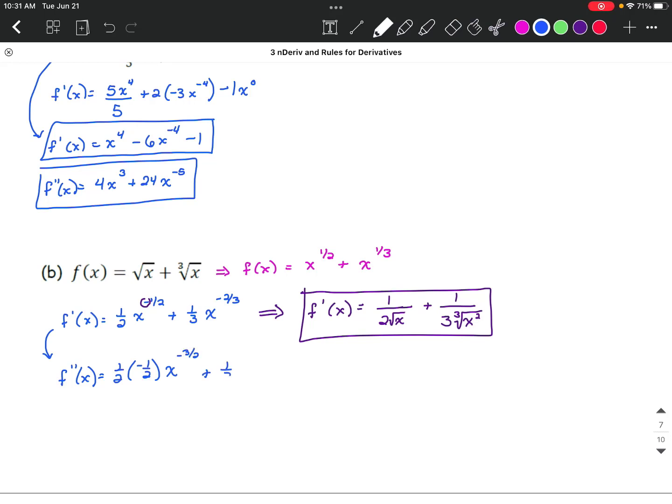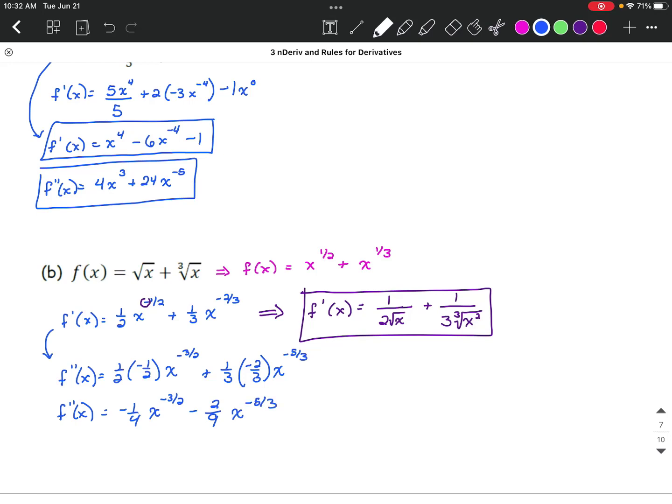Plus, I have 1/3 times, I'm going to bring down the negative 2/3, keep the x. Negative 2/3 minus 1 is negative 5/3. So this is negative 1/4 x to the negative 3/2 minus 2/9 x to the negative 5/3.